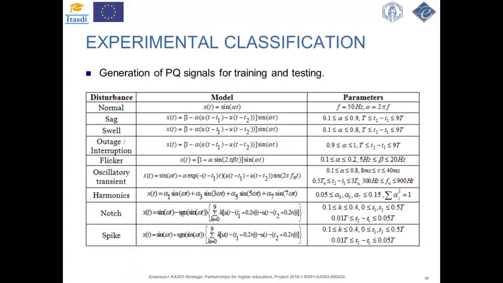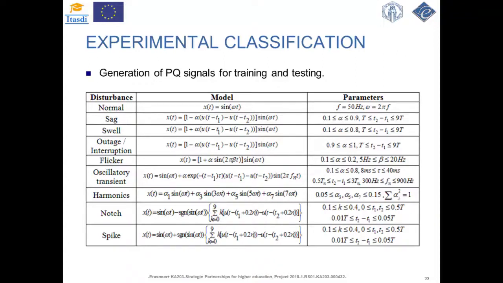As I said at the beginning, some experimental classification results will be presented because they are important for the accuracy of the classification method. For the aim of the experimental classification, training and testing sets of power quality signals were generated.